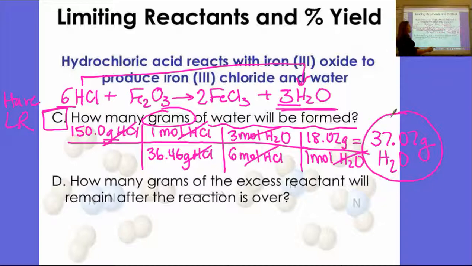I could have calculated how many grams of this product we formed as well. What would be different? Well, the mole ratio would be 6 to 2, and this would have a different molar mass. But same concept.